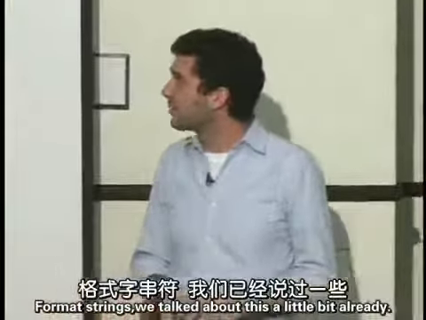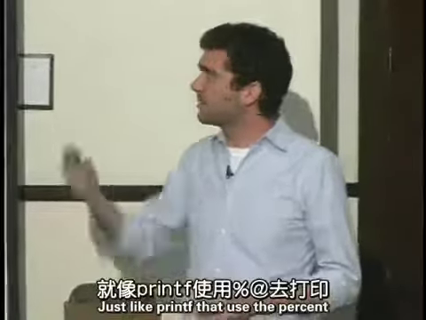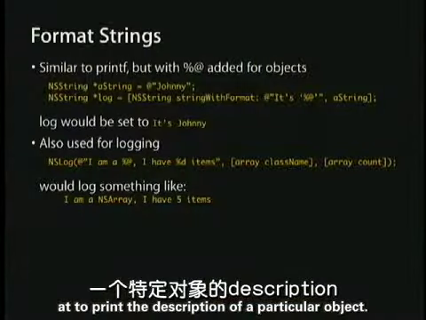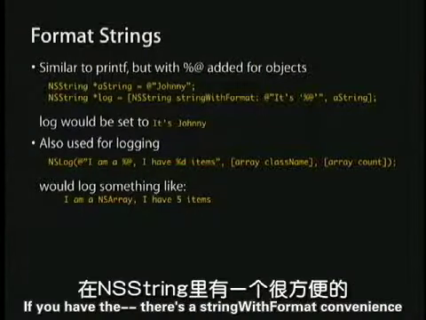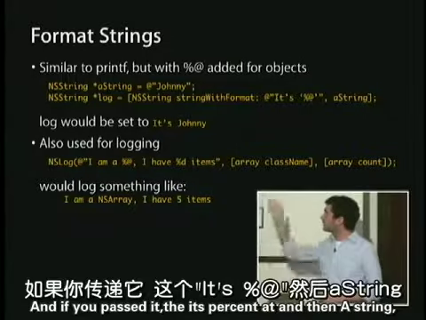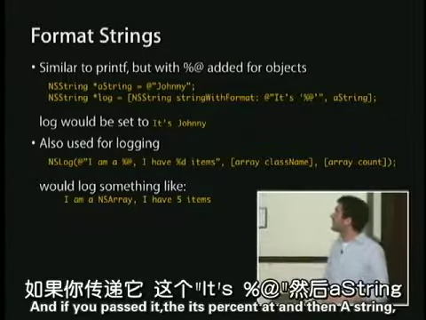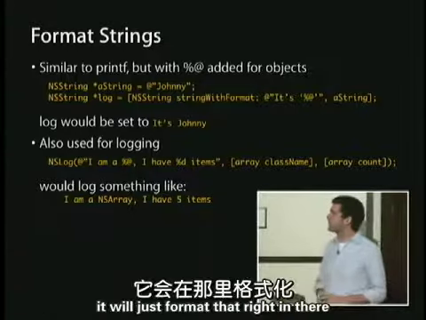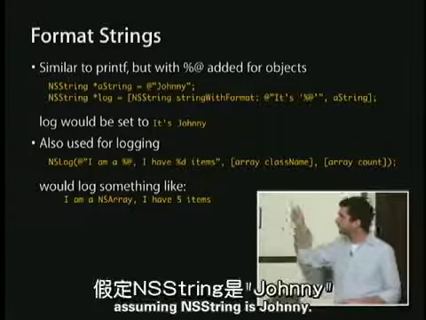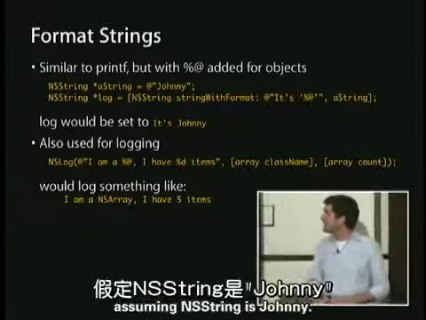Format strings, we talked about this a little bit already. Just like printf, but use the %@ to print the description of a particular object. There's a stringWithFormat convenience method on NSString. It's a class method on NSString. If you pass it its %@ and then a string, it'll just format that right in there and give you back an NSString that contained it, say Johnny, assuming the string was Johnny.